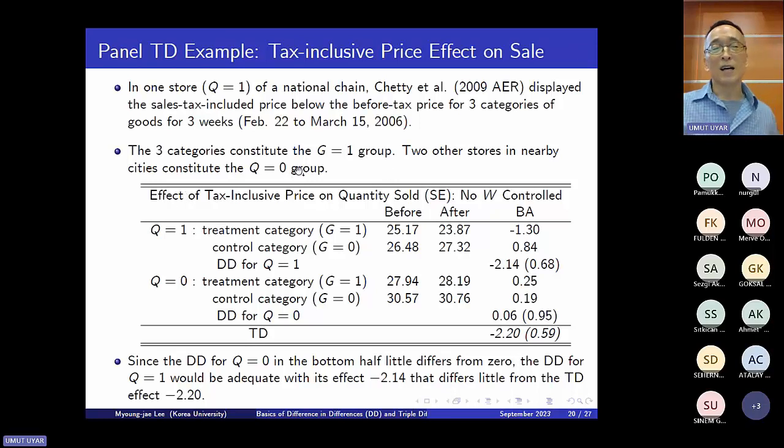And then what they did, for certain products, that's G1, they displayed price without tax and then price with tax included. Whereas control categories, which is all the other categories in the shop, displayed only price without tax.